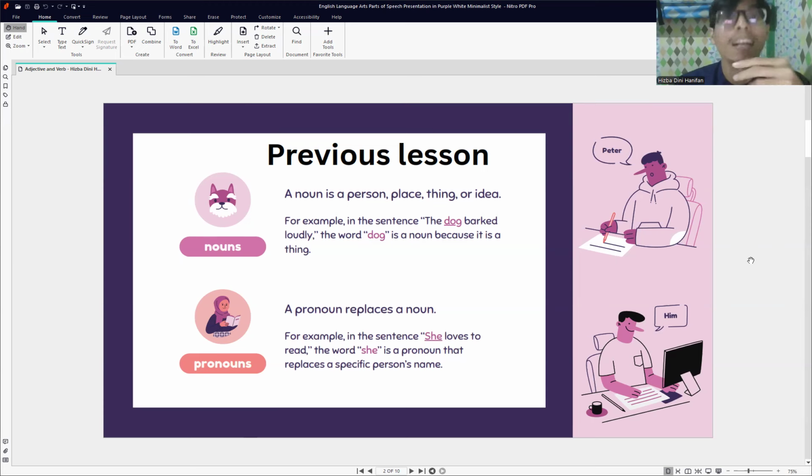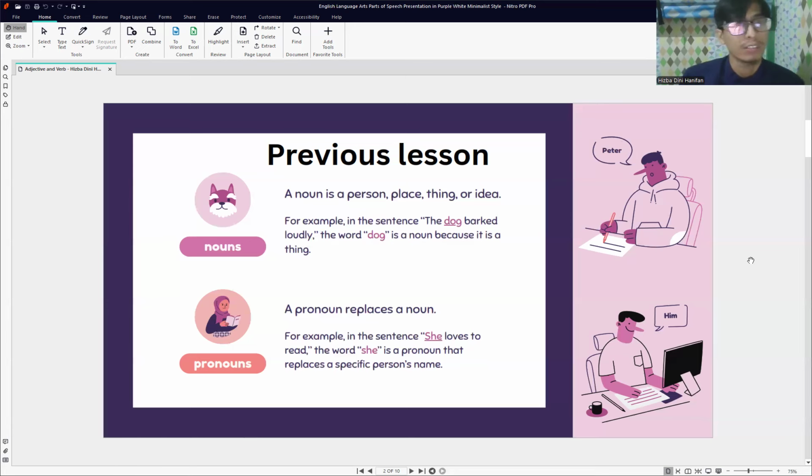Because it is a thing. And then we went through pronouns. A pronoun replaces a noun. For example, we have dog as a noun, and then we replace it with, what is it? Jericho? Yup, it. Thank you for completing that previous understanding.